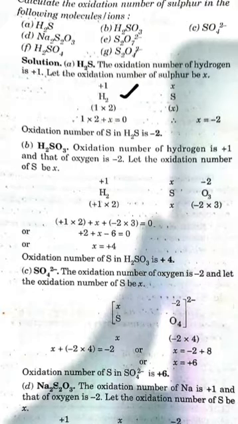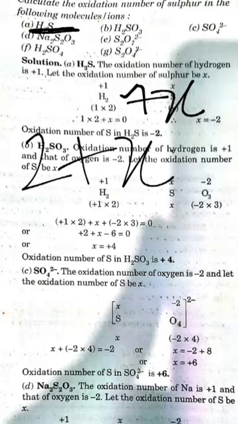Now when another element is present in the compound, you will write a plus sign. Now sulfur, you don't know the oxidation number of sulfur, so just write X, and it will become 2 plus X is equal to, now what will come here?